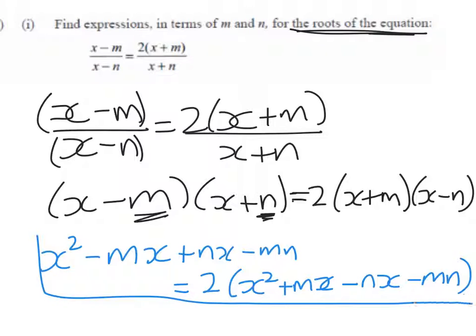Alright, now all we have to do on the next page is collect up like terms and have 0 on one side of the equation. I'll just write out what we've got so far. On the left hand side we've got this. And I'm going to expand the right hand side out now.